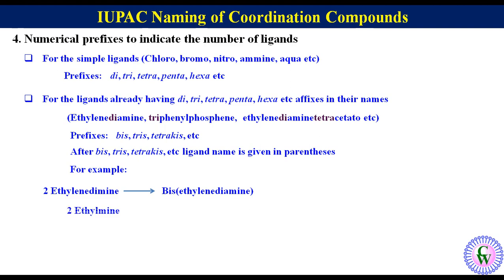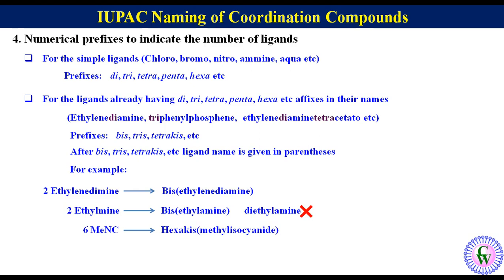For example, to indicate two ethylamine ligands, it is written as bis(ethylamine), because if we write diethylamine, it will create confusion whether there are two ethylamine ligands or one diethylamine ligand. Similarly, to indicate six methyl isocyanide ligands, we write hexakis(methyl isocyanide) and not hexamethyl isocyanide.